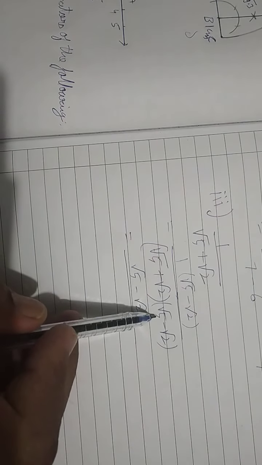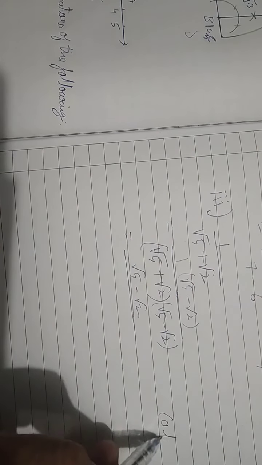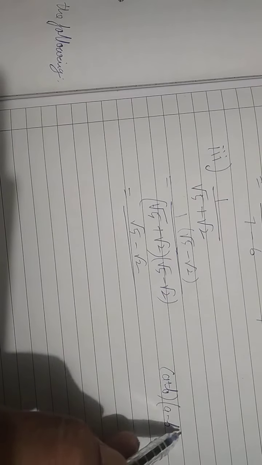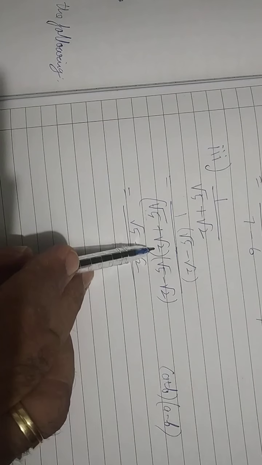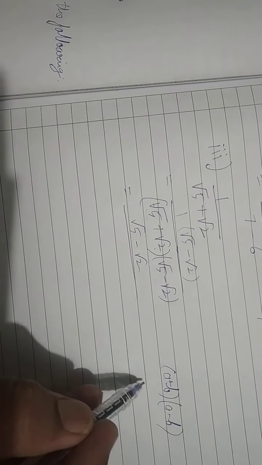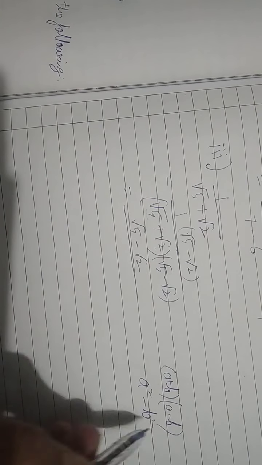Again in the denominator we have a plus b into a minus b. Root 5 is like a, root 2 is like b. So it's going to be a square minus b square.